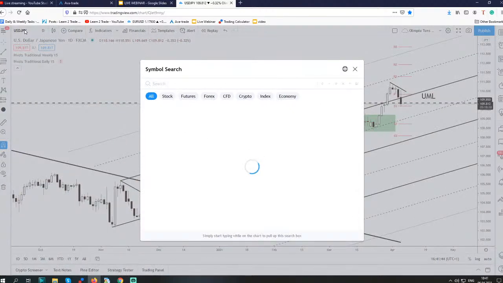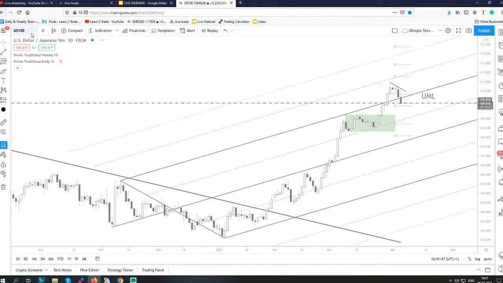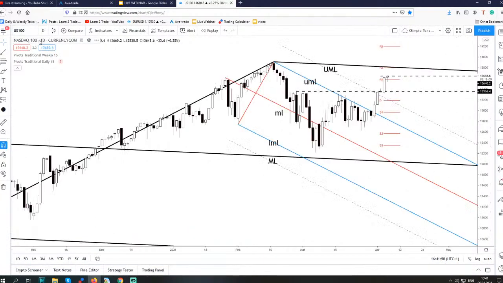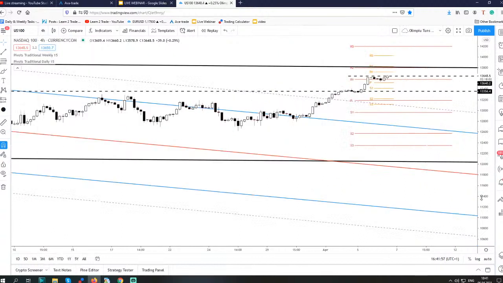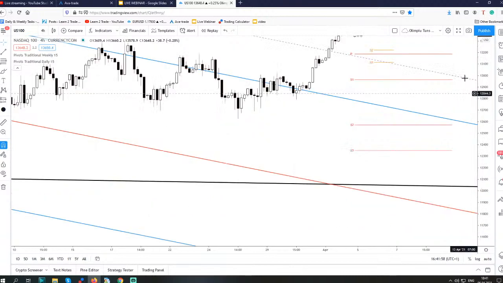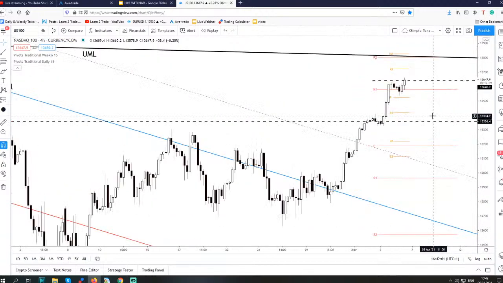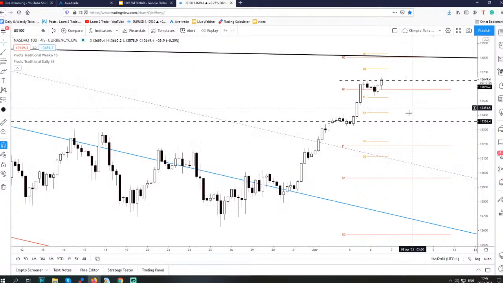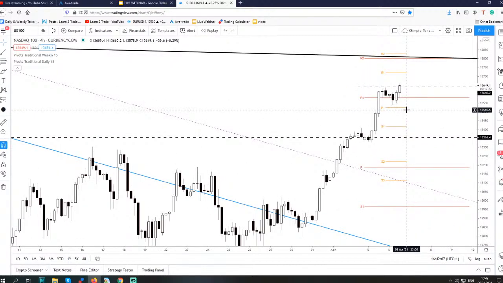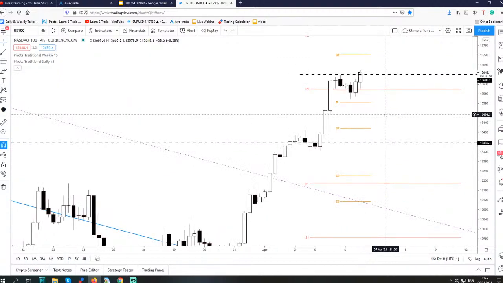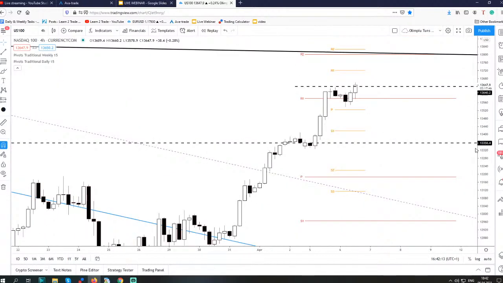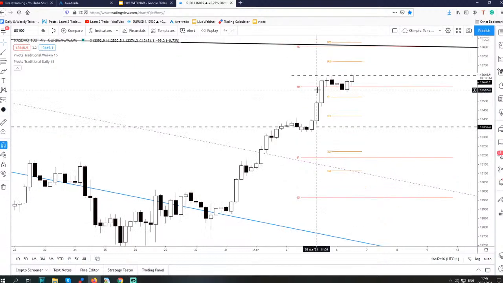Okay, US 100. Yes, the index continues to increase only because the US dollar continues to depreciate in the short term. So personally, I've decided to close the long position because we had here an important upside movement.